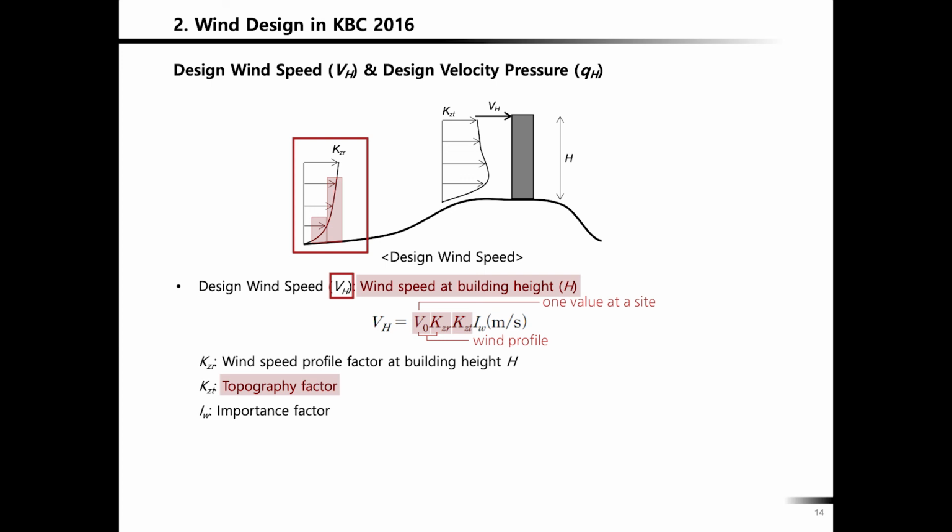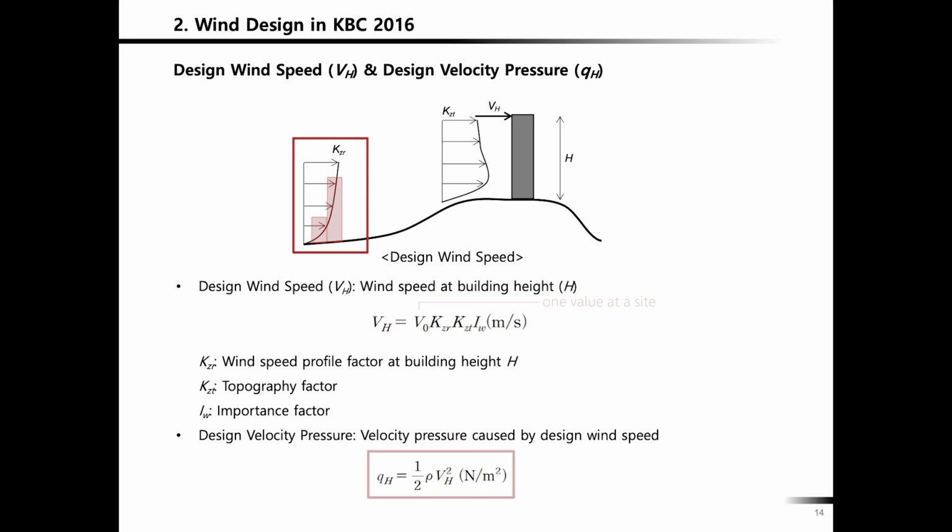So once you have the design wind speed, which is the wind speed at the roof level of the building, you can calculate the design velocity pressure. V0 was the mean wind speed, the 10-minute average.